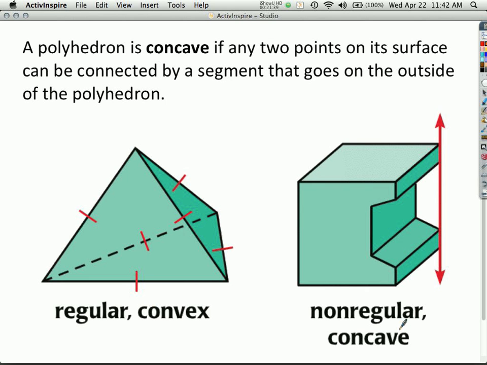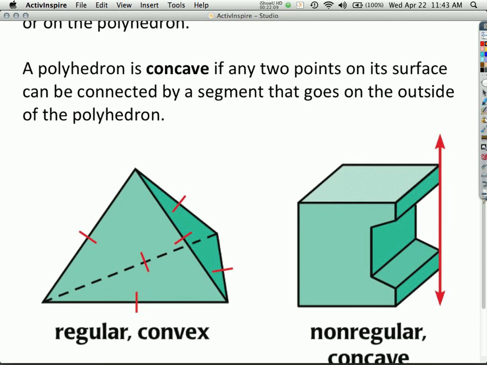This one is irregular or non-regular because all the faces are not the same. Convex, concave. I get confused between the words. I personally focus on concave. Since I was a kid, I've understood concave meant that there was like a dip in it, something that's concave. So anytime there's a part of the solid that kind of goes in on itself, that's going to be concave. If it doesn't, then it's convex. Any questions about that?